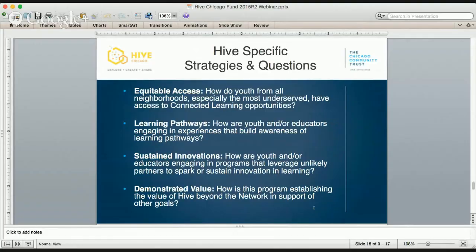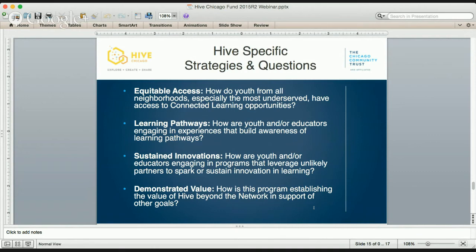Sometimes outcomes may be related to Hive's specific goals, and as most Hive members know by now, there are these 4 key goals of the Hive network. While some of your outcomes will be related to and framed by the experiences of your participants, some outcomes will be related to each of these particular Hive goals.